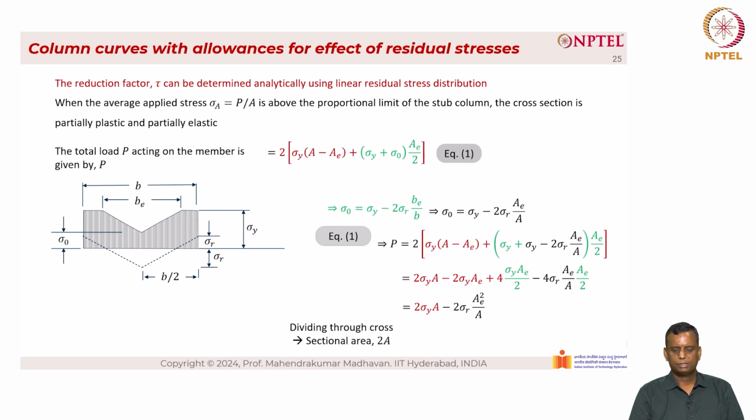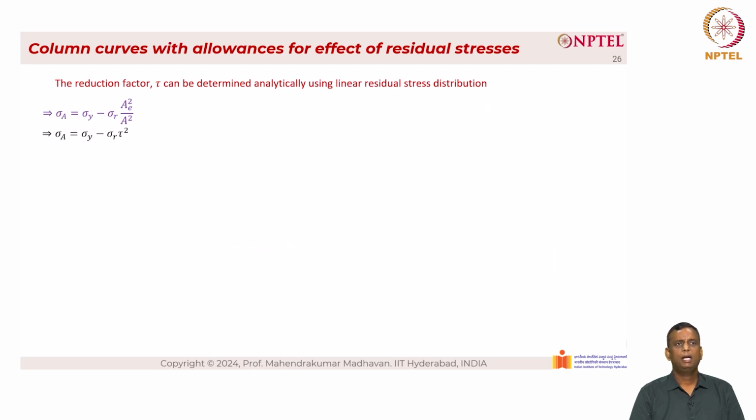Dividing throughout the cross section with 2a, we have sigma a is equal to sigma y minus sigma r into ae square by a square. Sigma a is equal to sigma y minus sigma r into tau square because ae by a is equal to tau. So now sigma r into tau square is equal to sigma y minus sigma a. Tau square equal to sigma y divided by sigma r minus sigma a divided by sigma r.